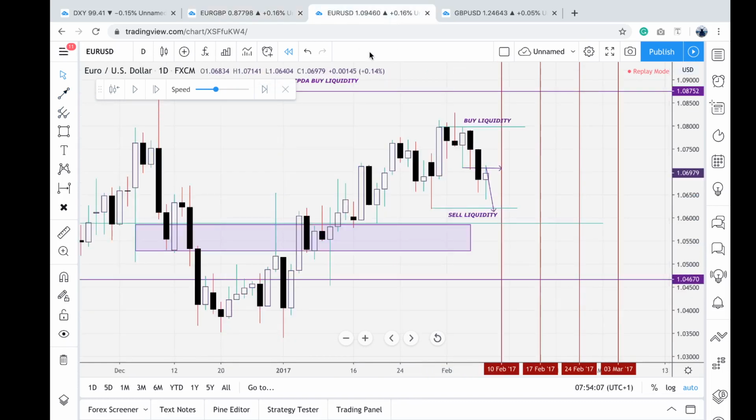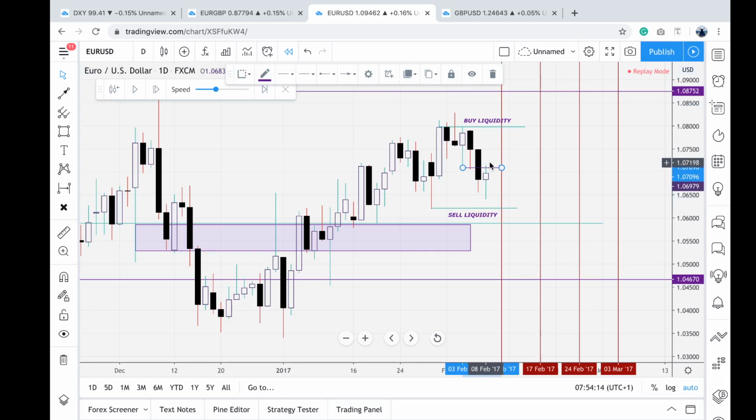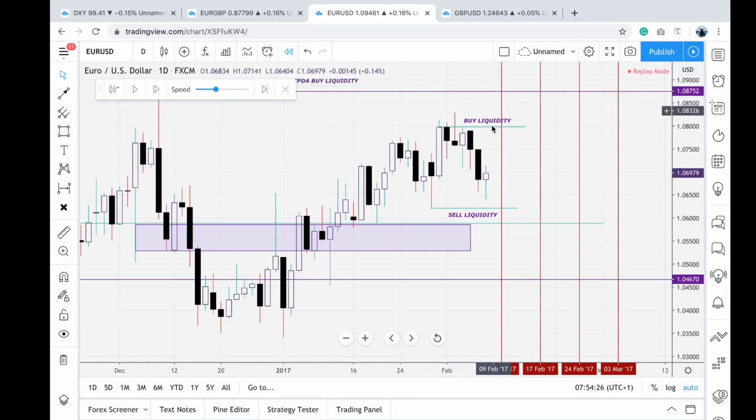So in euro dollar now, let's see what we could actually expect. Price has traded through this level where sell liquidity rests. I feel we could be bullish on euro dollar, with buy liquidity resting. So what we just did was go through a level of liquidity where retail stops would be resting, and this could be a potential total soup.